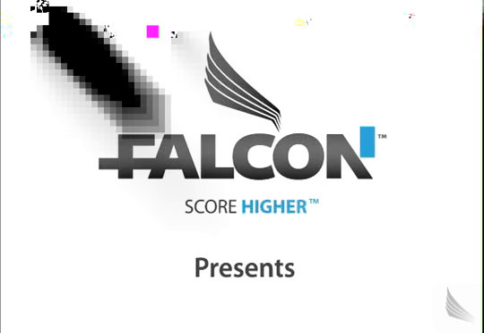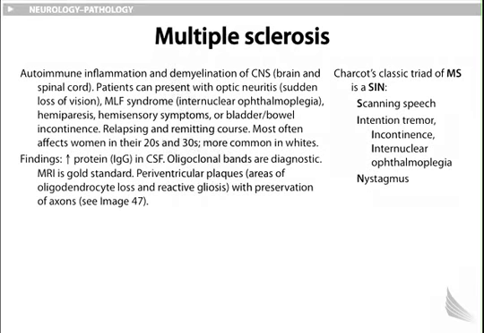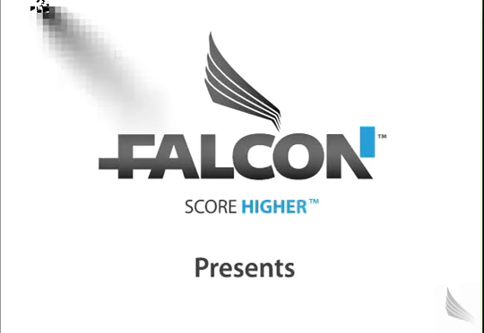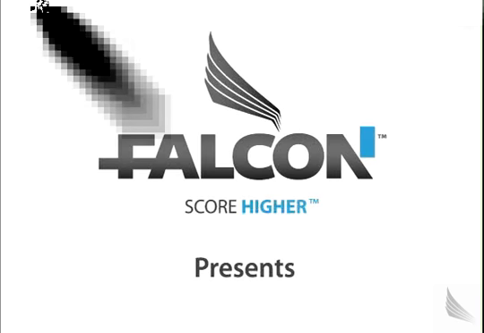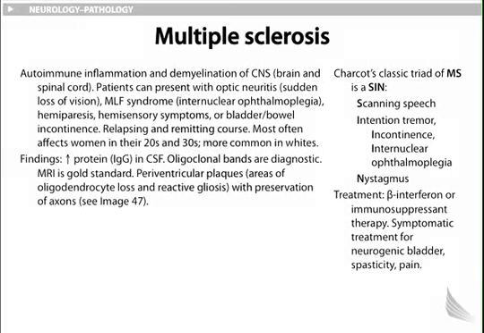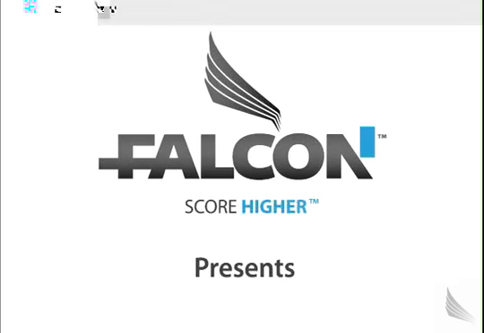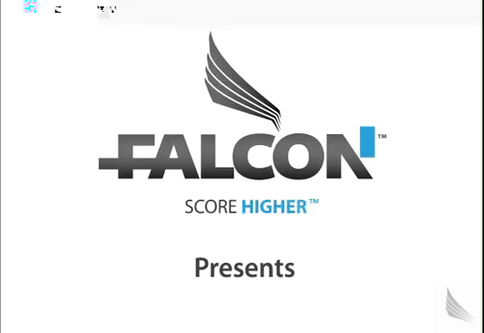Charcot's classic triad of MS is a SIN. Patients will have scanning speech, intention tremor, often with incontinence and internuclear ophthalmoplegia and nystagmus. The treatments for MS are beta interferon or other forms of immunosuppressant therapies, and symptomatic treatment for things like neurogenic bladder, spasticity, and pain.